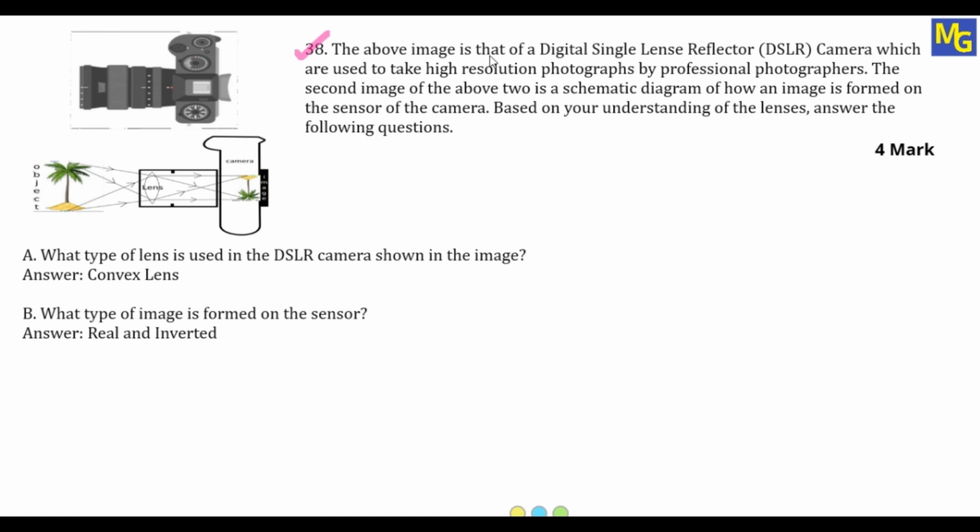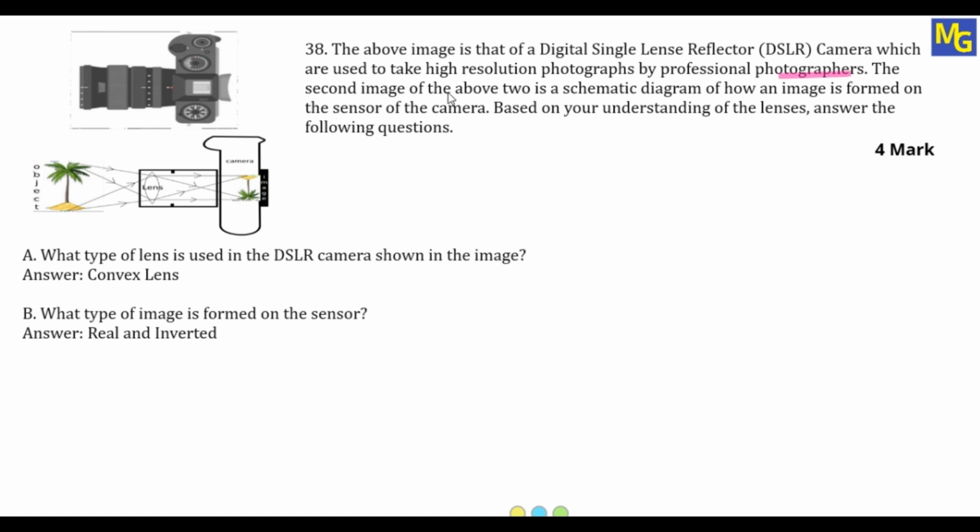The above image is that of a digital single lens reflector, that is nothing but the full form of DSLR camera. You may have heard the word DSLR camera. Because it has a single lens, it is called a single lens camera, which is used to take high resolution photographs by professional photographers.